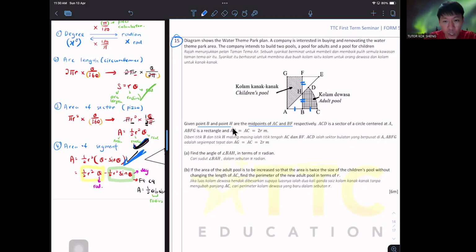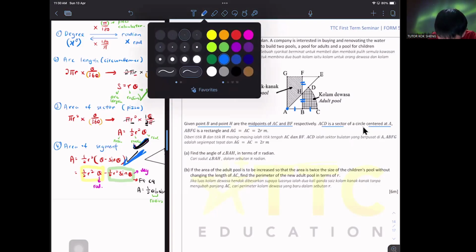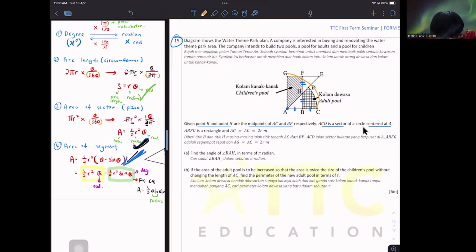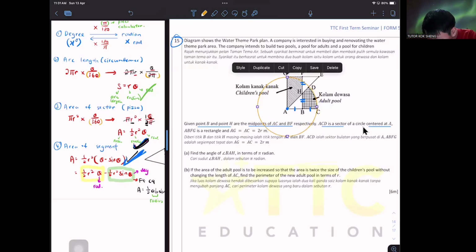Okay, AC is a sector of a circle centered at A. AC is a sector, center A. So you have a circle here actually. Okay, I got it like this.